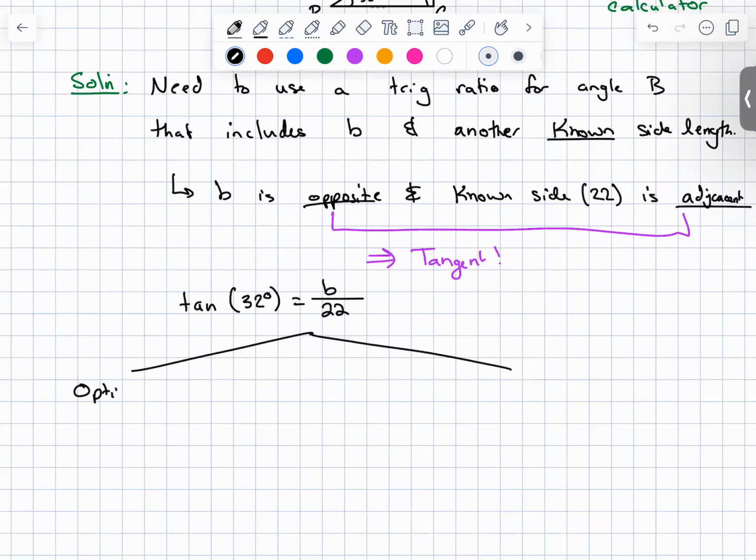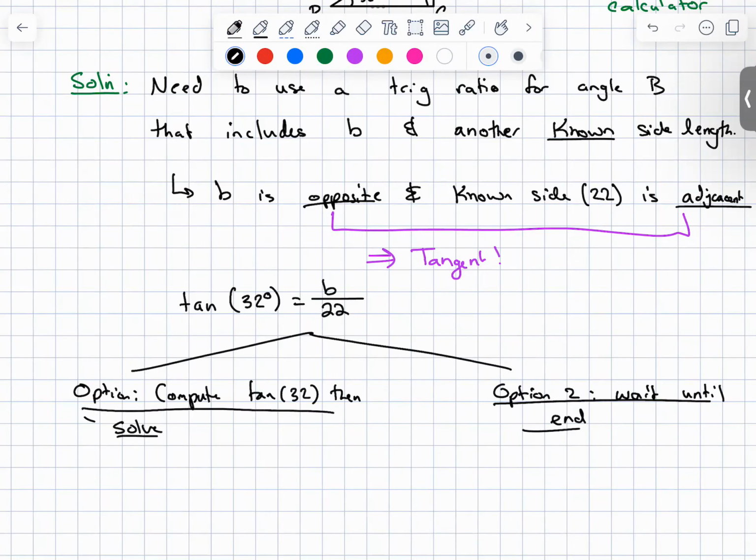Option one, compute tan of 32 degrees, then solve. Option two is wait until the end. It's your prerogative. I recommend option two, so I'm going to show you option two first.